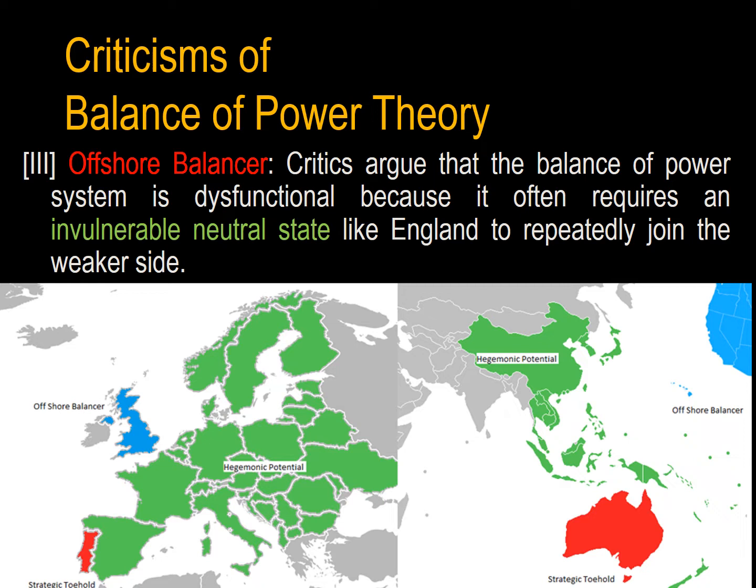The classic example of this is the United Kingdom during the long history of modern Europe. The English constantly intervened onto the continent with the one strategic goal of never allowing any single country to unify Europe. Because the English logic was, if that were to happen, then England would no longer be able to resist an invasion.